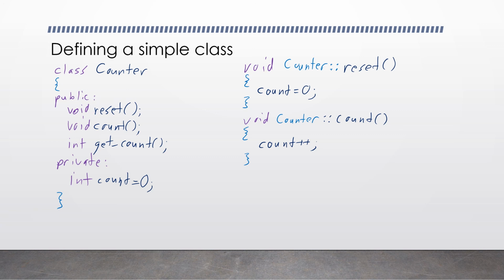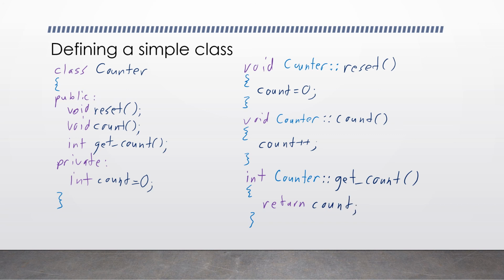I'm making a mistake here. It's int Counter::getCount. We simply return our variable count.